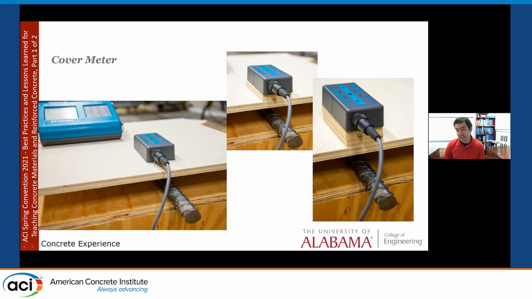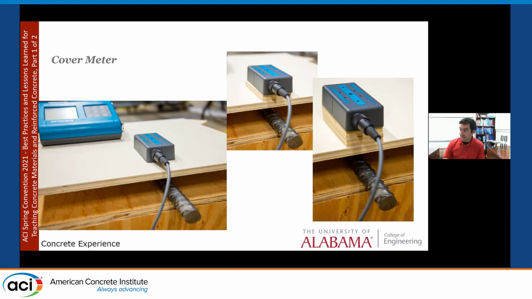Now, we found the best way to do this is to use a non-magnetic material like wood or styrofoam. And if you have pieces that are all the same thickness, you now have nice spacers that the students can very quickly take a series of measurements, and they're not sitting there trying to take a tape measure and measure every little thing and introduce some error into it.